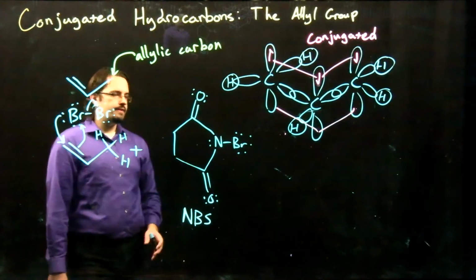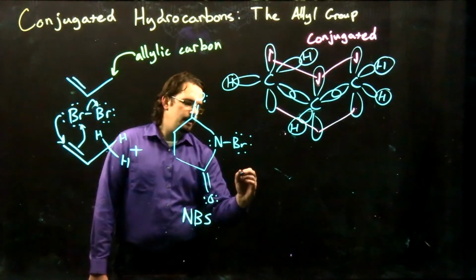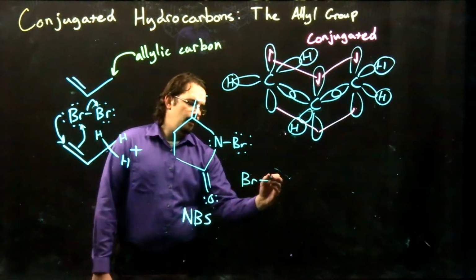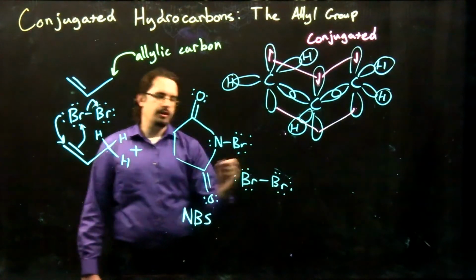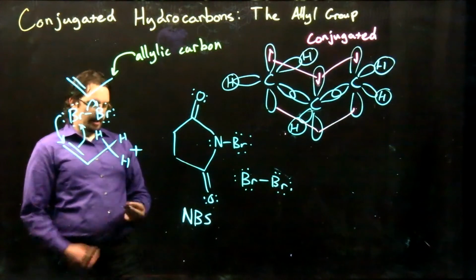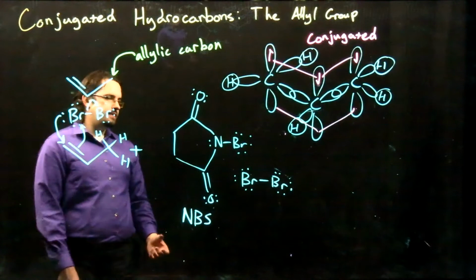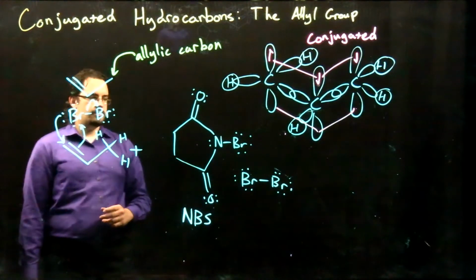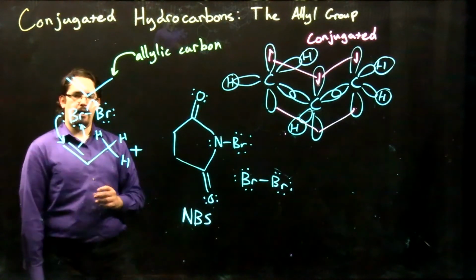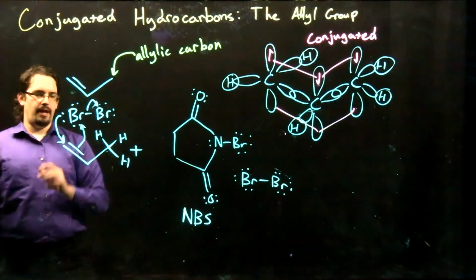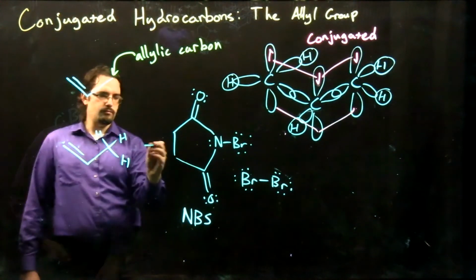NBS essentially acts as a source of bromine. Right, so this nitrogen bromide bond can be broken relatively easily. And so this will produce our diatomic bromine eventually, but in relatively small amounts. And so if we have our peroxide present to help produce radicals, in addition to our NBS, we can just produce enough bromine to get our radical halogenation without actually reacting through our normal alkene addition halogenation reaction as well.